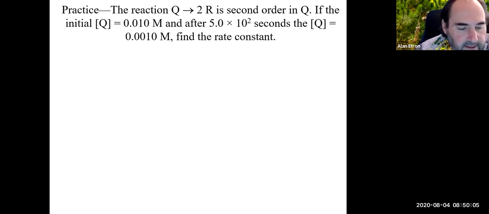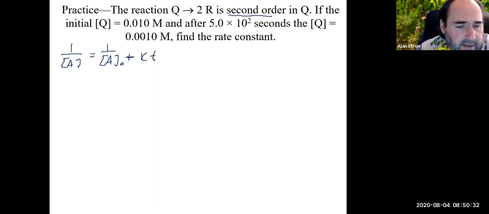Okay, so let's take a look. Here they obviously tell you it's second order. Since we're looking to find the rate constant, obviously we can't use the units associated with it. But that is important because it means we should be using the second order formula here: 1 over A equals 1 over A naught plus kt.